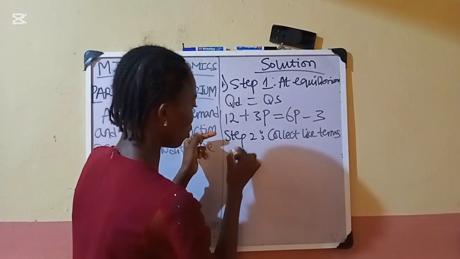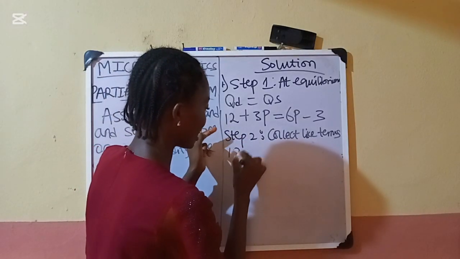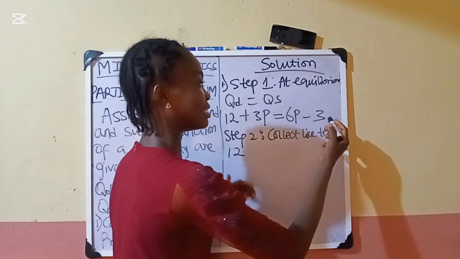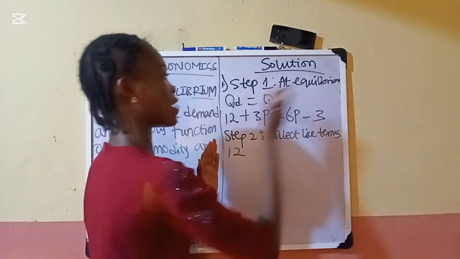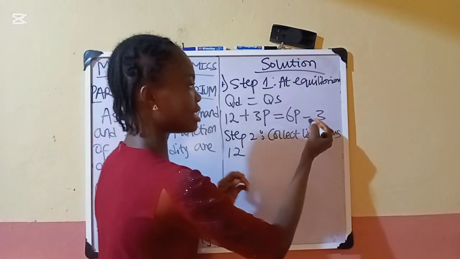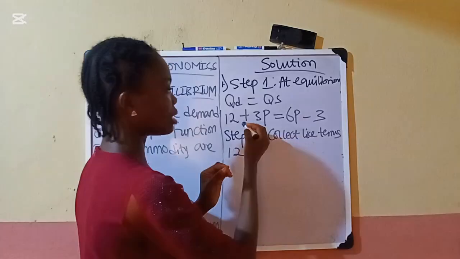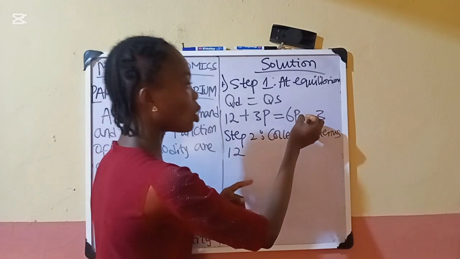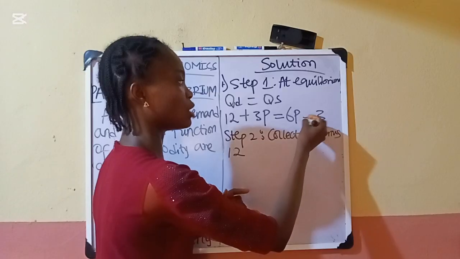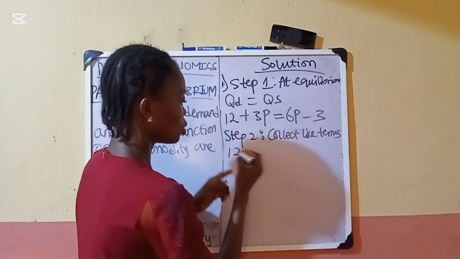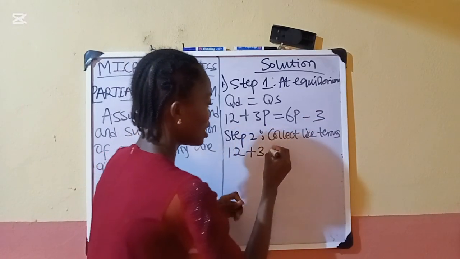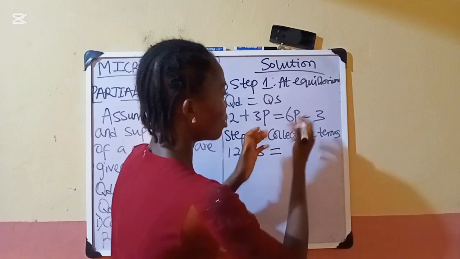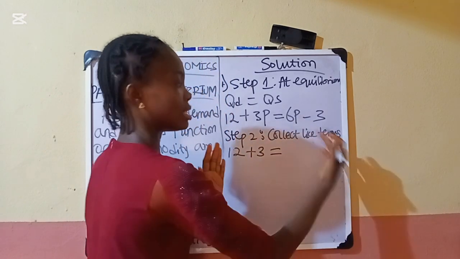So we'll have 12, which is already at our left hand side. Then moving this constant that is at the right hand side over to the left hand side, it is negative 3. So crossing over, due to the presence of this equality sign, it will alter the sign. So this sign will change from negative 3 to positive 3. So we have 12 plus 3 equals. Now, remember that our unknown is staying at the right hand side.